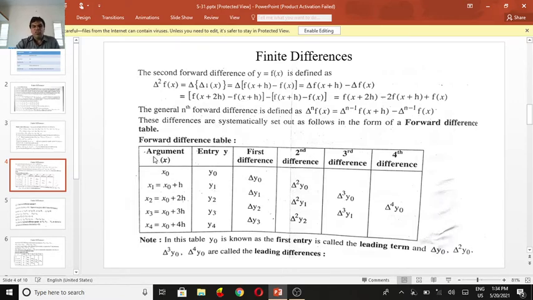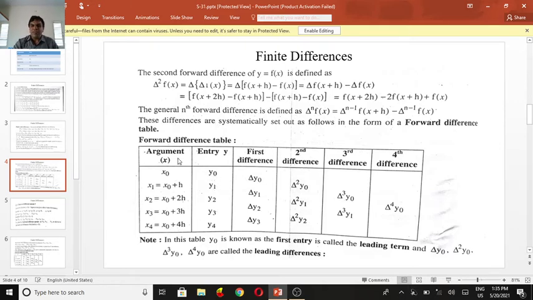Suppose we take the argument, entries, first difference, second difference, third difference, fourth difference, fifth difference, etc. If we take the argument x, then x is x0, x1, x2, x3, etc. x0 is the initial value, so we keep it as it is. x1 can be written as x0 plus h, x2 as x0 plus 2h, x3 as x0 plus 3h, x4 as x0 plus 4h.